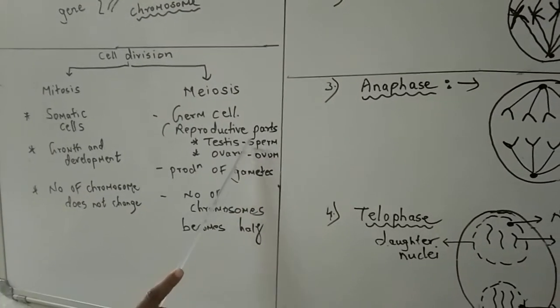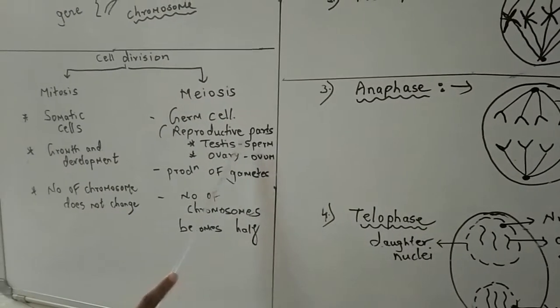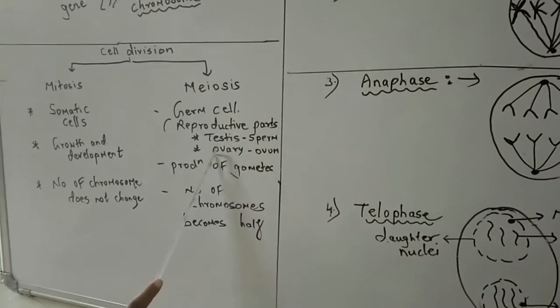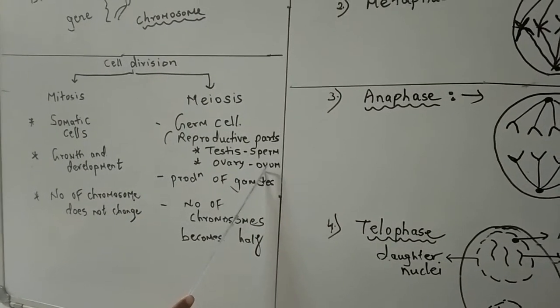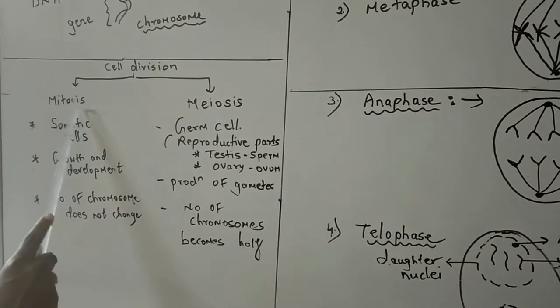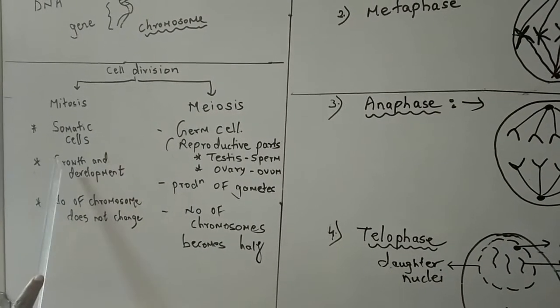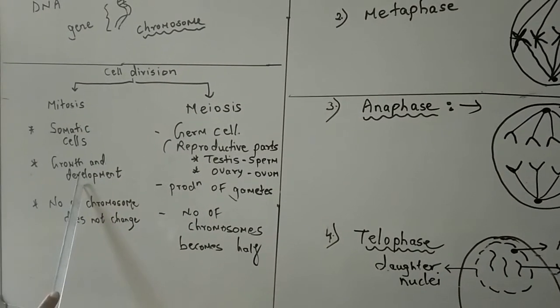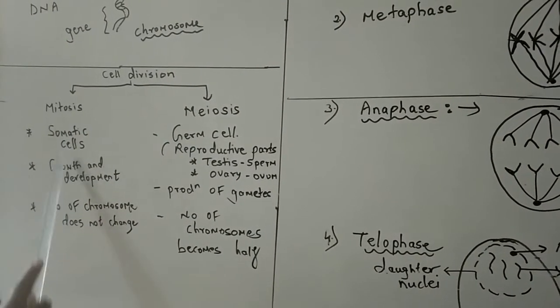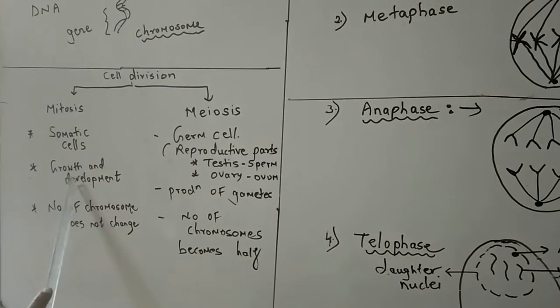And testis is going to produce sperms, whereas in female it is present in the ovary, and the ovary is going to produce the ovum. Now this type of cell division, that is mitosis, is responsible for growth and development. शरीराची वाढ होण्यासाठी अशा प्रकारच्या सेल डिव्हिजनची गरज आहे ज्याला आपण मायटोसिस म्हणूया.